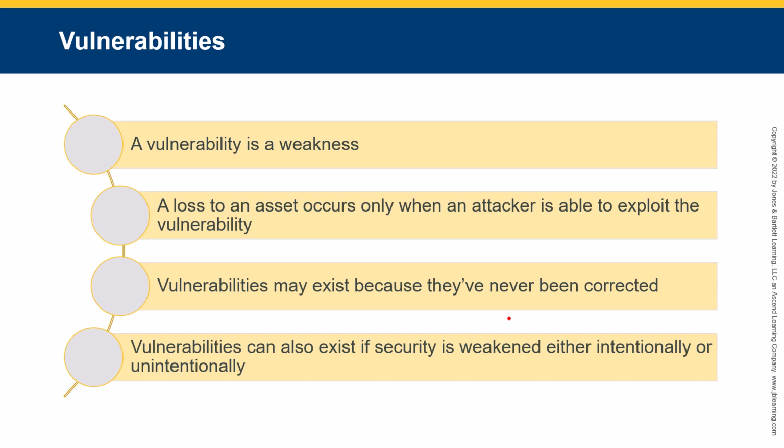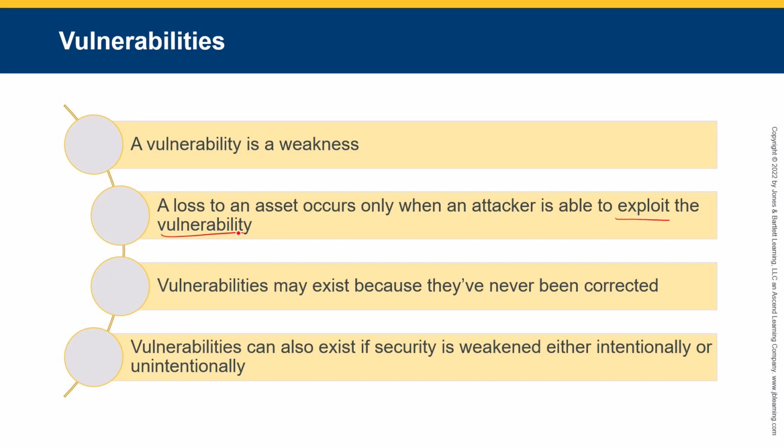Vulnerabilities, again, it's a weakness. A loss to an asset occurs when someone exploits that weakness. And exploit normally is, again, the realization of that weakness. So exploiting is the realization of a vulnerability. Vulnerabilities can exist and nothing can happen. Vulnerabilities could exist and then something bad could happen.